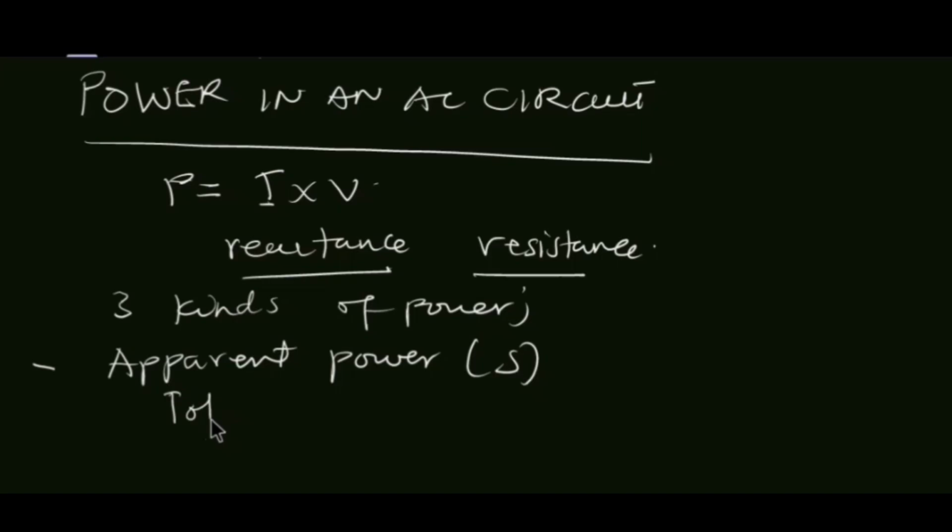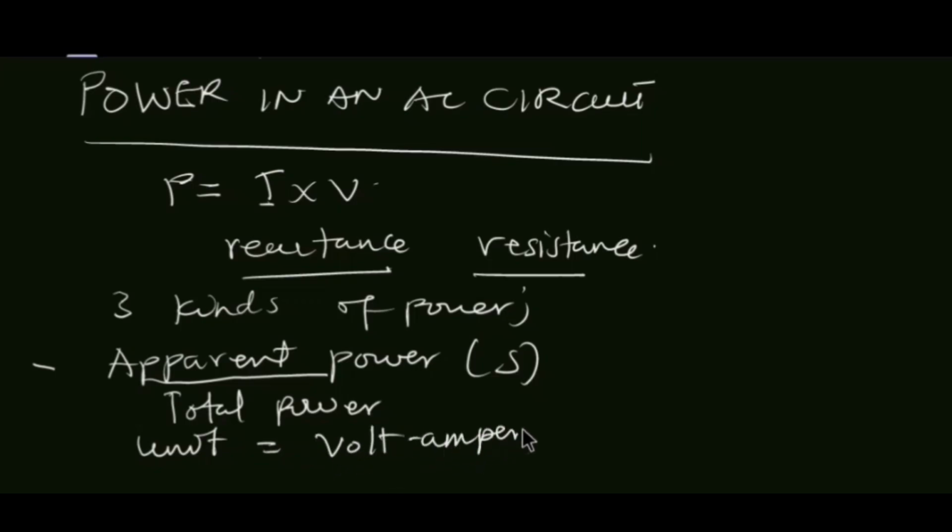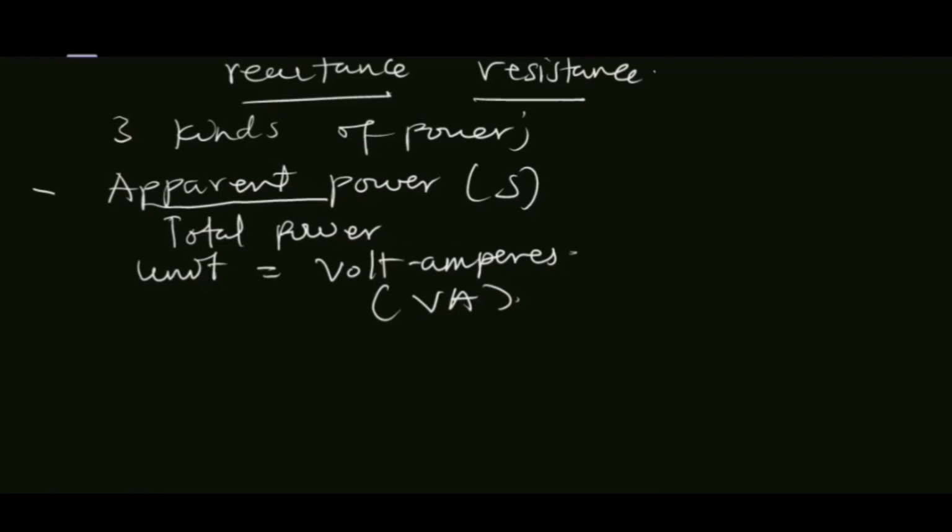So our total power, the combined power, or the total, meaning everything in our AC circuit, is what we call the apparent power, represented as S, and the unit is volt-amperes. So we are going to have VA. So when you see VA, it is the total power in our AC circuit, represented as S.